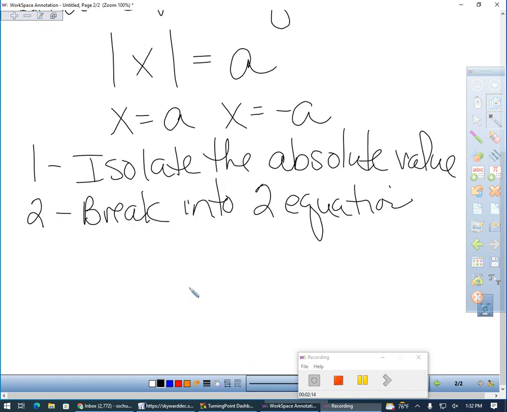You're going to take that absolute value and set it equal to both the positive and the negative. Step 3, solve each. All right, solve each. That's all there is. So, let's do a couple examples of the equation ones.